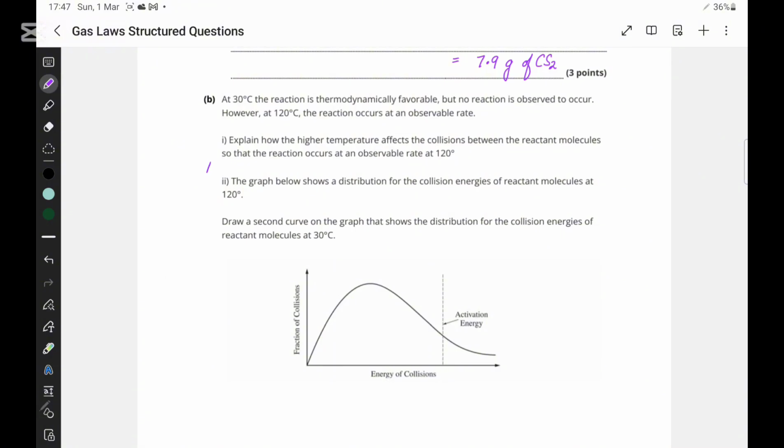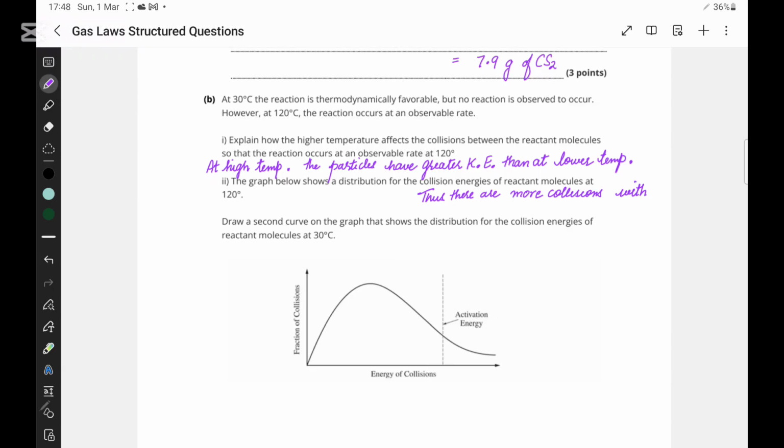At high temperature, we can write here, the particles have greater kinetic energy than at lower temperature, and then what we can say, thus there are more collisions with sufficient energy to overcome the activation energy.